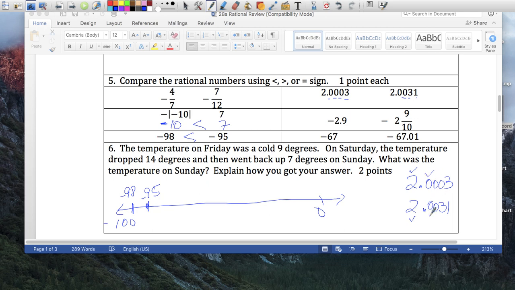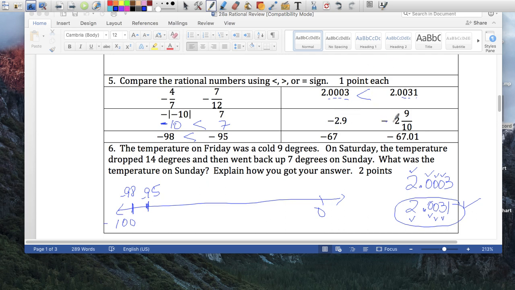The first 0 and the first 0, they're tied. The second 0, they're tied. But when you get to the third place, this is a 0, this is a 3. So which makes this bigger? 3 is bigger than that 0. So this number here is the bigger one, 2.0031. So 2.003 is less than 2.0031.